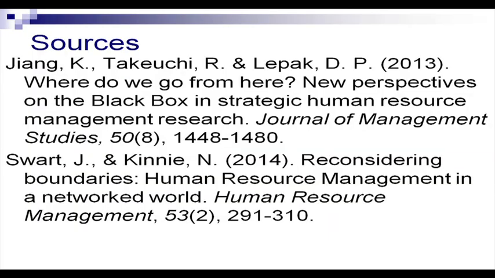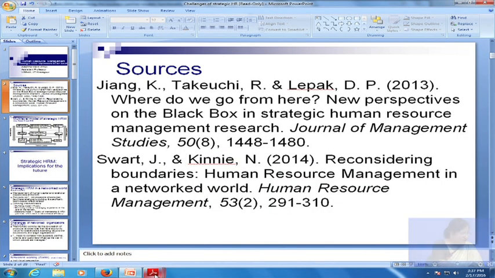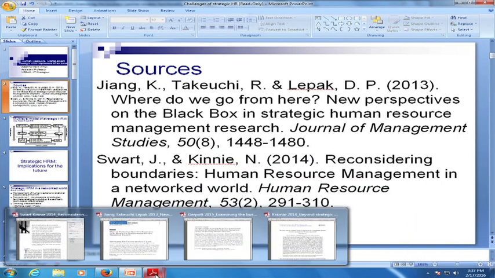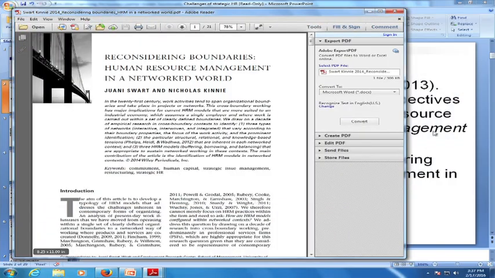As usual, I've referred to two papers, and let me show you these papers. These are two recent research papers. The one is by Jiang, Takeuchi and Lepak, the other is by Swart and Kinney. This is the paper by Swart and Kinney.